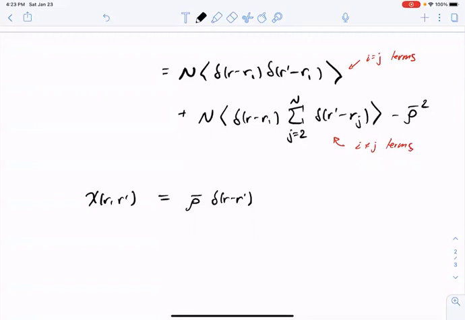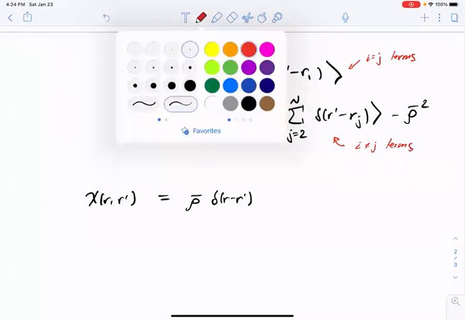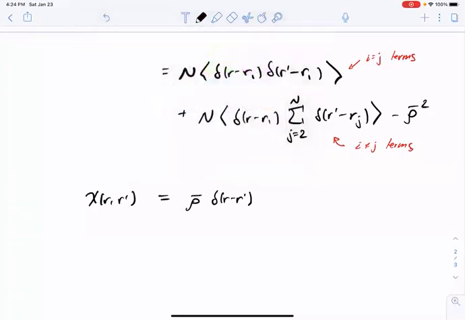Now the second term, I can multiply and divide by the average of a delta function. One of those will give me a factor of 1 over v, times the n out in front will give me a factor of rho bar.